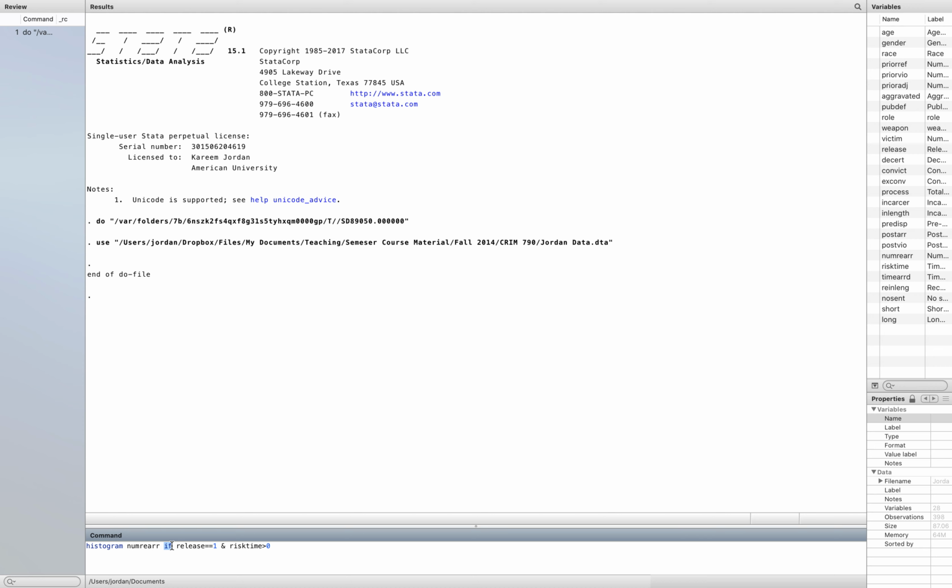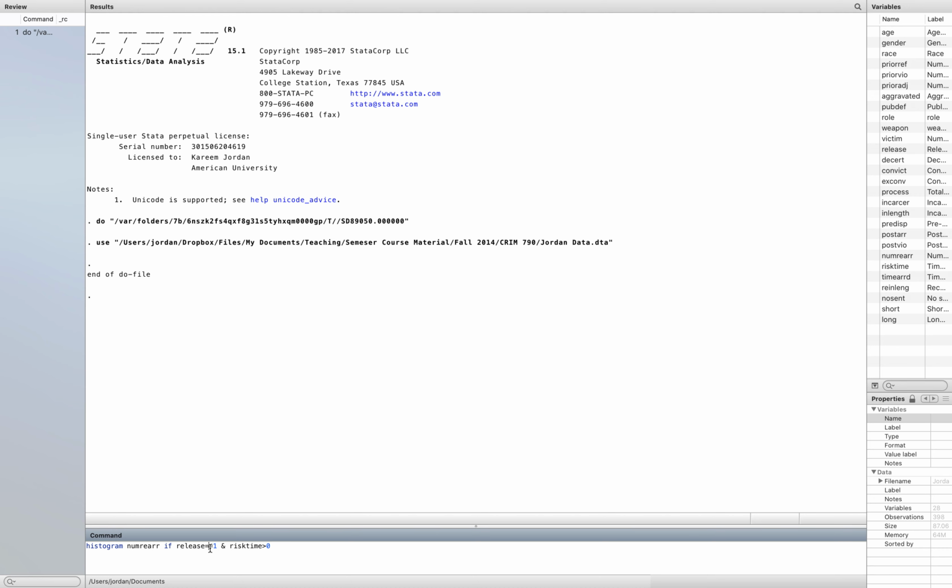If I'm looking at rearrests, not everybody was released from jail, or released pre-trial, not jail. So not everybody was released before they went to trial. So release equals 1.